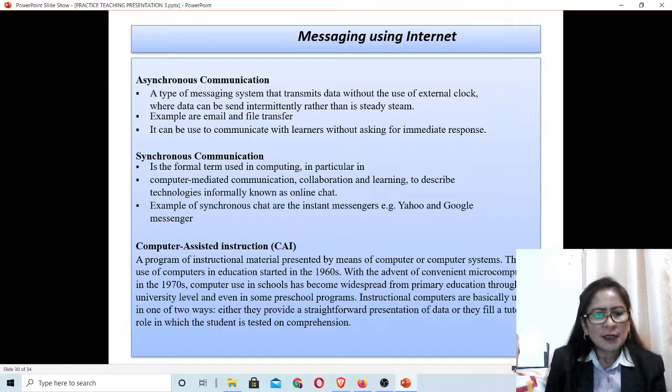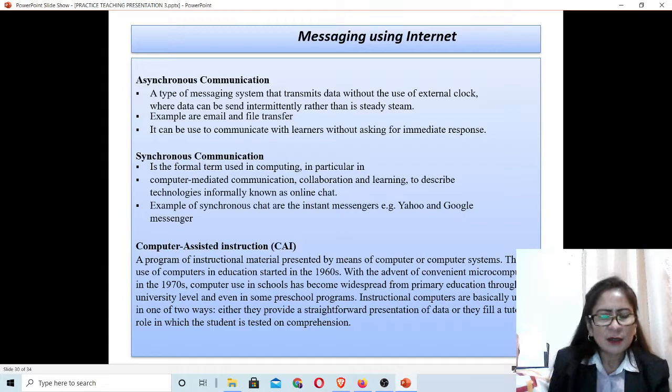Next, computer-assisted instruction. A program of instructional materials presented by means of a computer or computer system. The use of computers in education started in the 1960s with the advent of convenient microcomputers, in use in the 1970s.